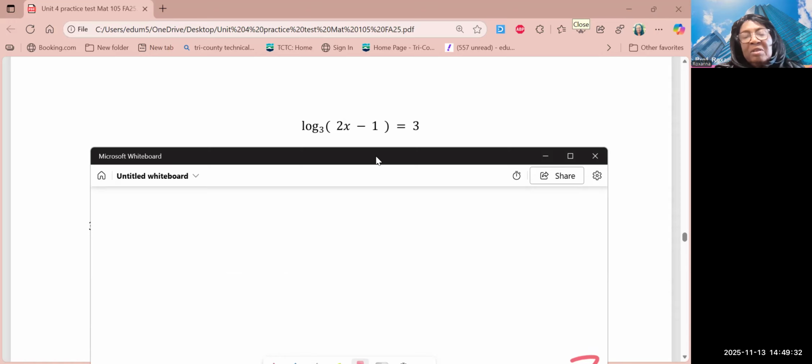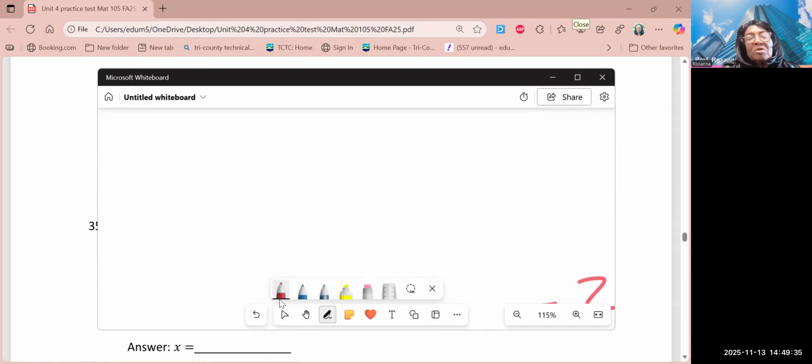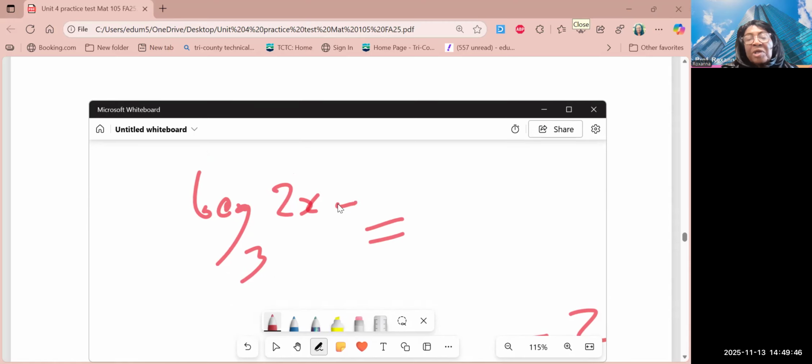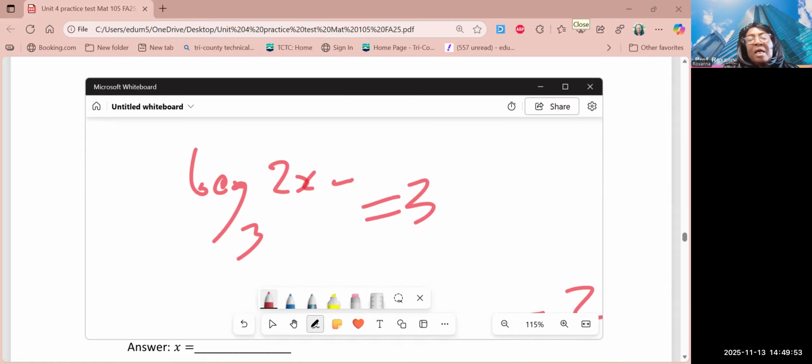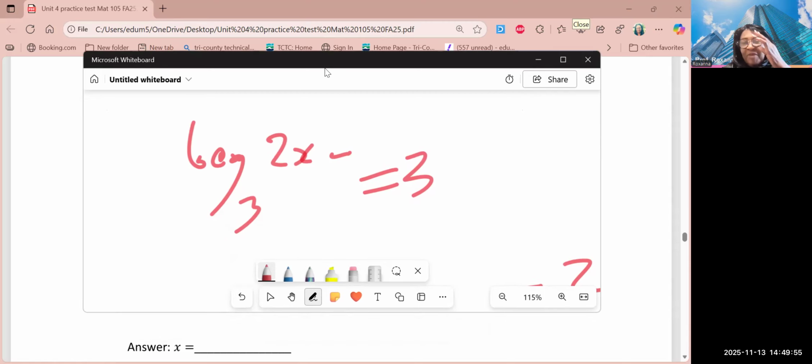We can actually use exponential form. So log to base 3 of 2x minus 1 is equal to 3. First of all, I want to try the inverse property of logarithm. So I have 2x minus 1 is equal to 3 to the power 3.